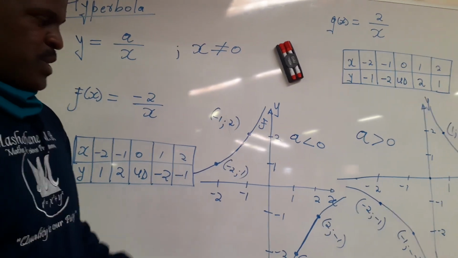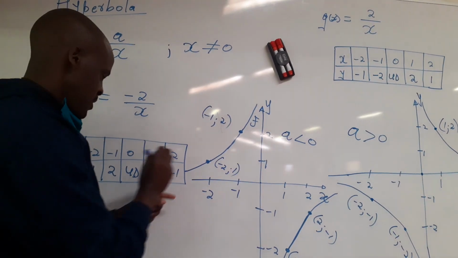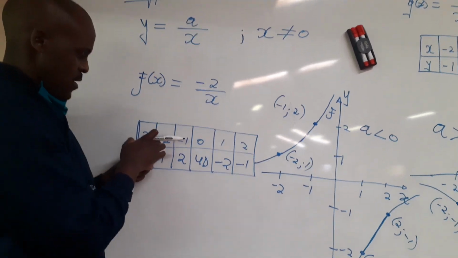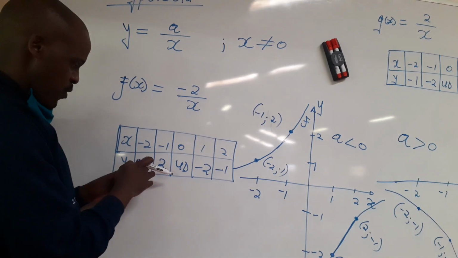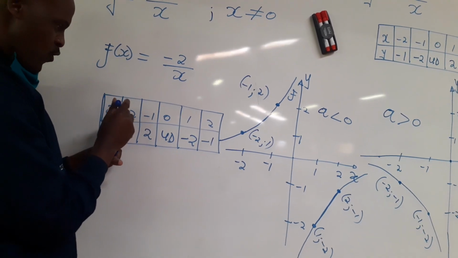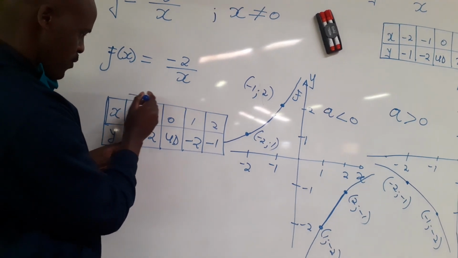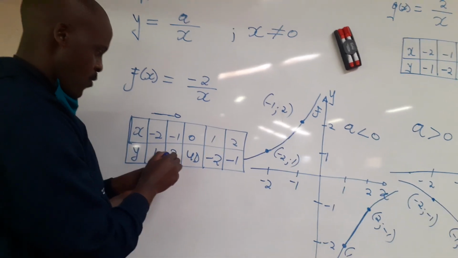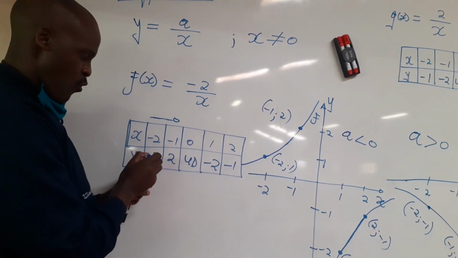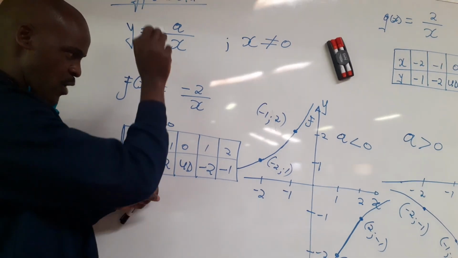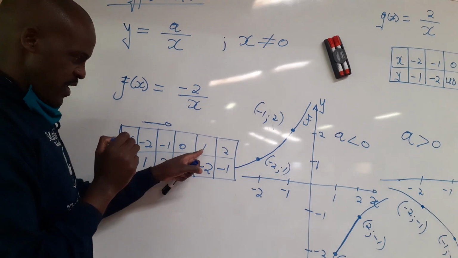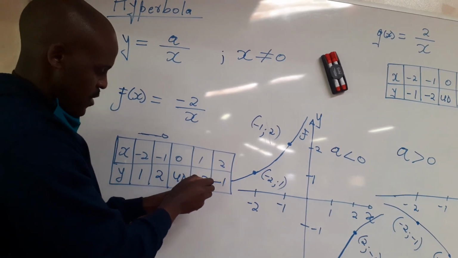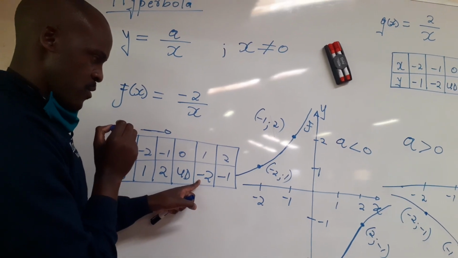Comparing the two functions, this one here: x is negative 1, y is positive 2. When x is increasing, as we go in that direction, from 1 to positive 2, we are going up. Same thing here. x is 1, y is negative 2.